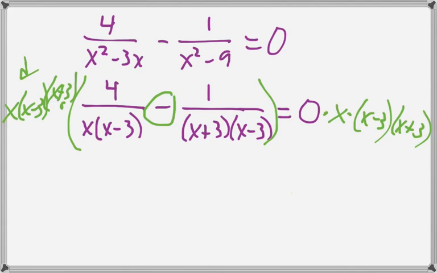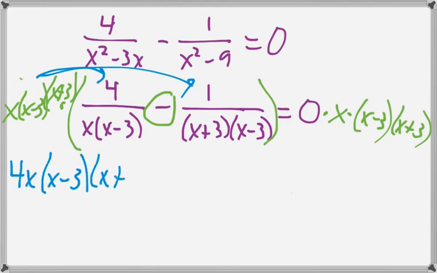Alright, so we're multiplying both sides by x times x minus 3 times x plus 3. And like I said, that's going to get distributed into both fractions on the left. So I'm going to write out that step. After a while you might find that you don't need to, but a lot of people do find it helpful.